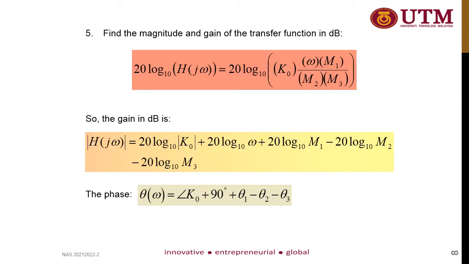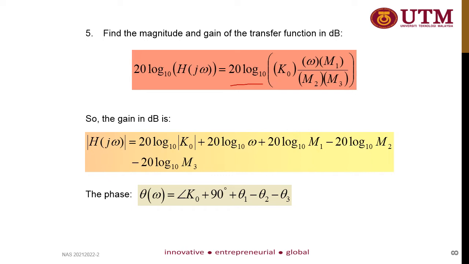Next, you can calculate the magnitude or gain of the transfer function by calculating the logarithmic value of the magnitude. It is 20 log of the magnitude, for all magnitudes involved in the components of your transfer function.